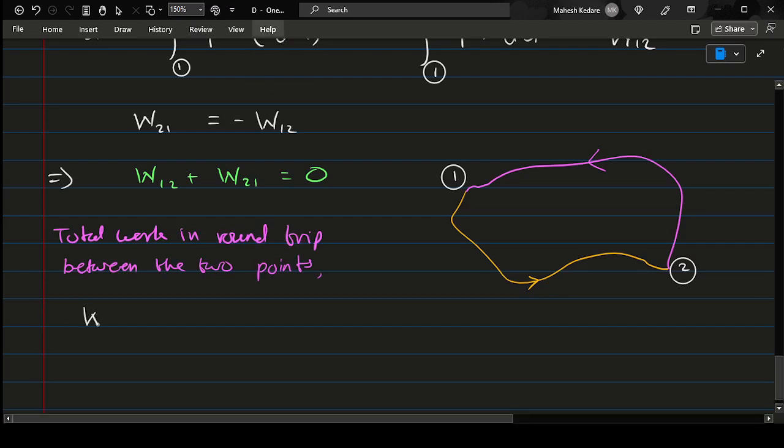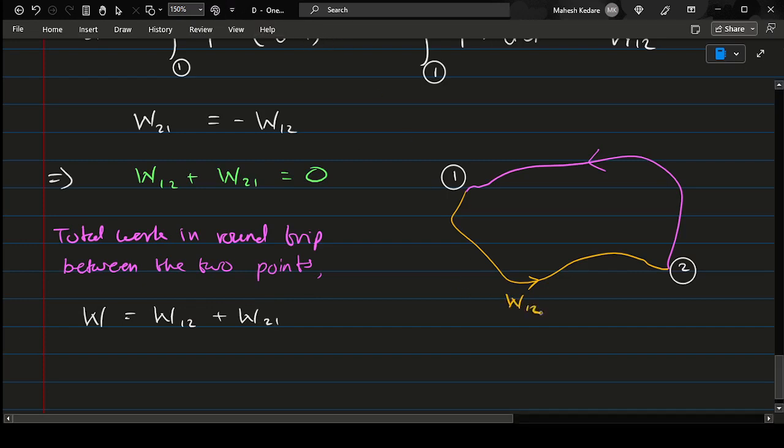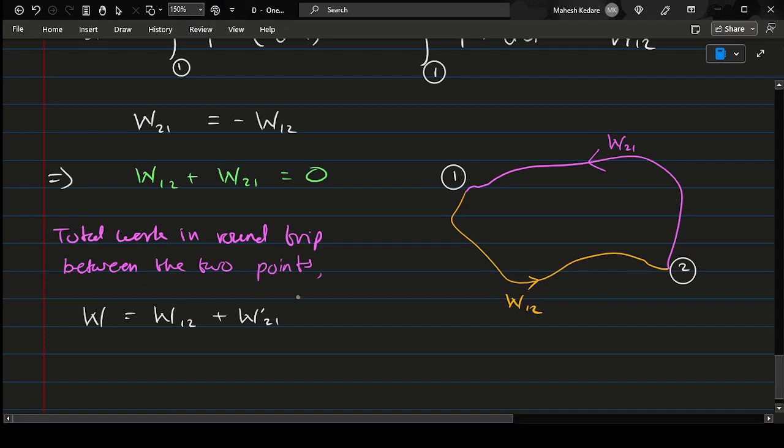The total work done may be written as work done in going from point 1 to point 2, that is W12, and going from point 2 to point 1, but now along a different path, W'21. This is the work done W12, and work done along this path is W'21. Let's call this work W'21 for the reason which you will soon understand after we derive an important result.